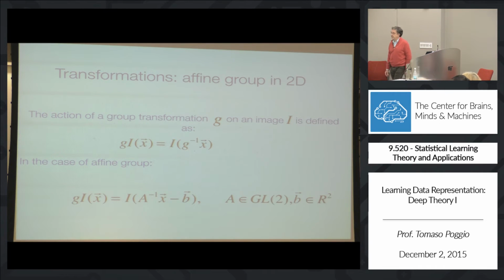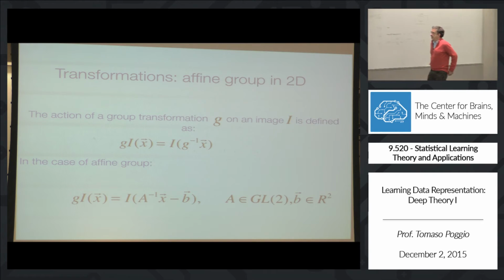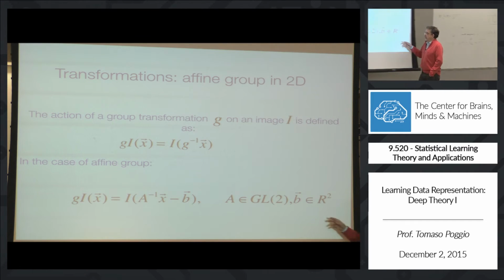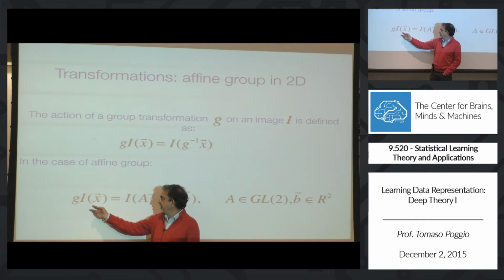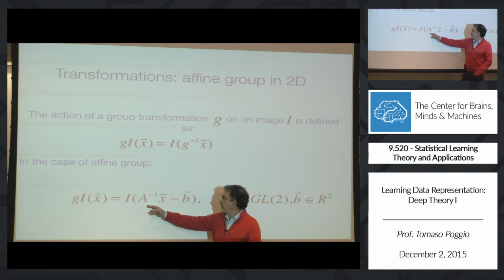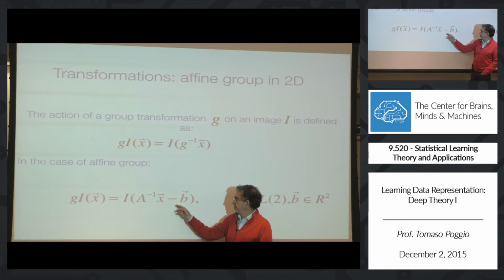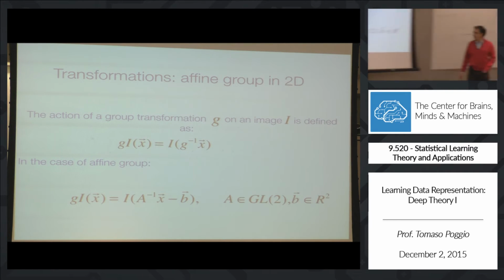Again, when I say an element of the group G acts on the image, this means that it is the image in which I've changed the coordinates through an affine transformation.